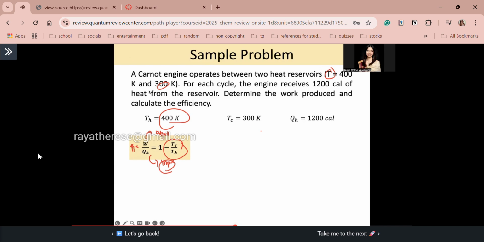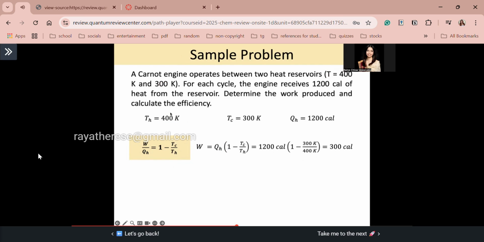So solving, we get work is equal to QH times 1 minus TC over TH, which is equal to 1,200 calories times 1 minus 300 over 400 Kelvin. And that is equal to 300 cal. Ma'am, bakit ka nag-times ng QH? Because we transpose QH to the right side of the equation. Gets ba, guys? Again, we transpose QH to the right side of the equation. So this is the work produced for this Carnot engine.